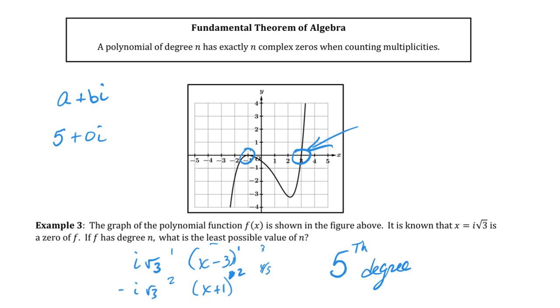I just know that it's odd. Same with over here. I don't know if that's an x plus 1 squared, an x plus 1 to the 4th. So that's why it's saying the least possible value. There's an infinite number of possible outcomes for the degree, but the least possible is 5.